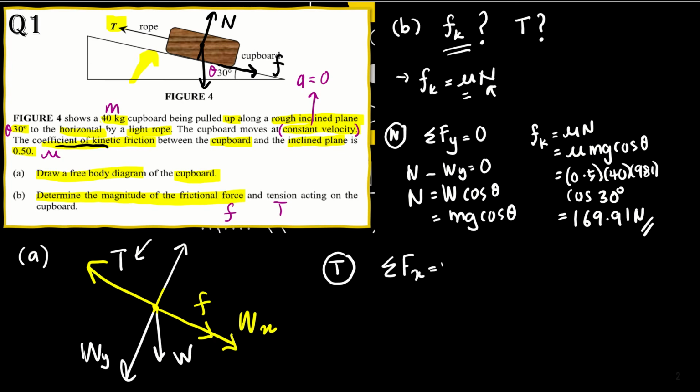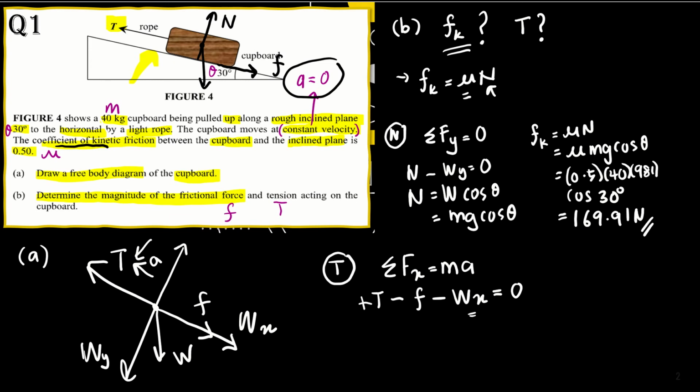Summation of Fx is equal to ma, and please remember that we have constant velocity, which means a is equal to 0. So our equation is T minus frictional force minus Wx is equal to 0. Our direction of motion is following the direction of tension. So that's why T is positive, F is negative, Wx is negative.